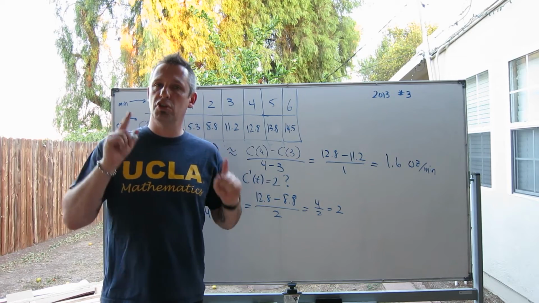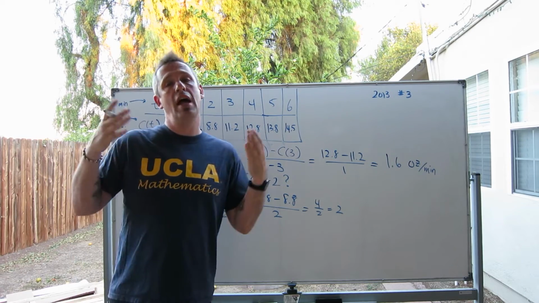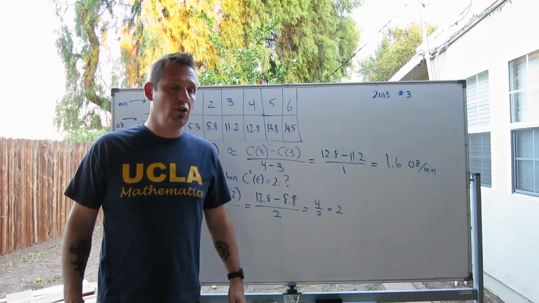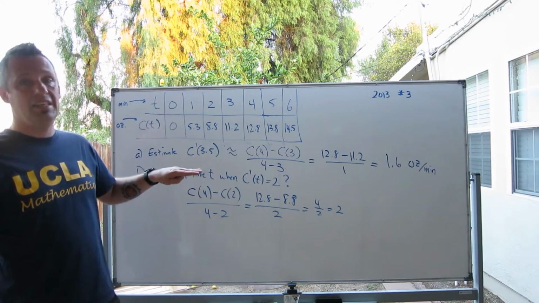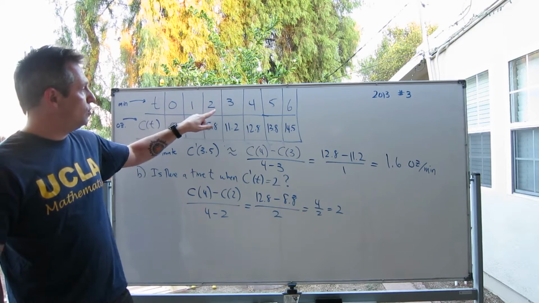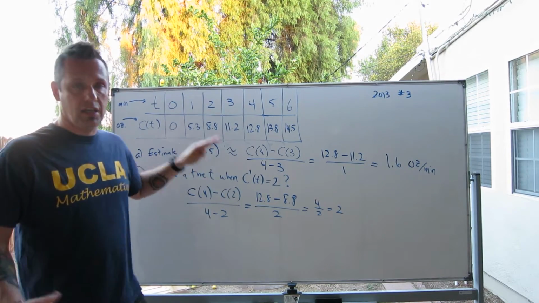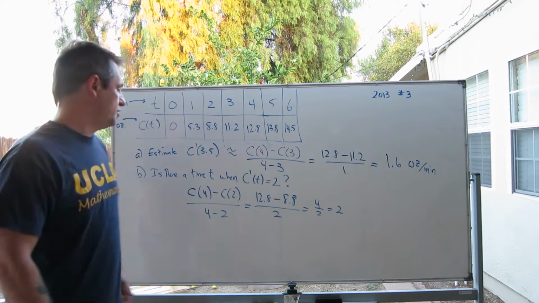Thus, because we're told that c is differentiable and thus continuous, by the mean value theorem, there must exist a point t between time 2 and time 4, where the slope of the tangent line to c, in other words c prime, equals 2.